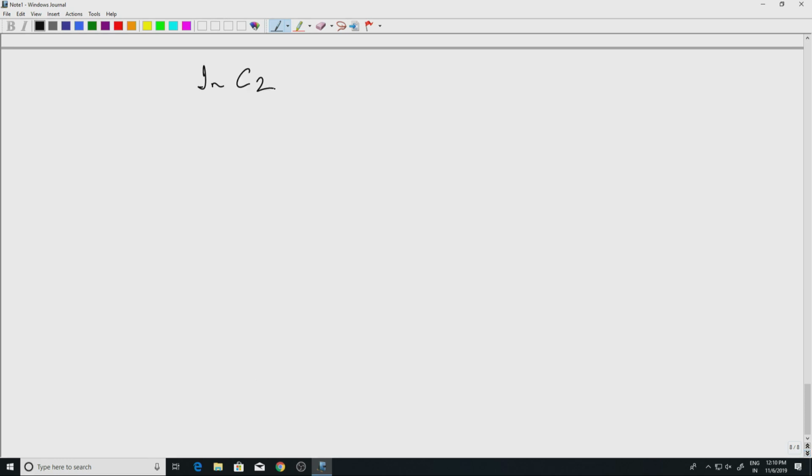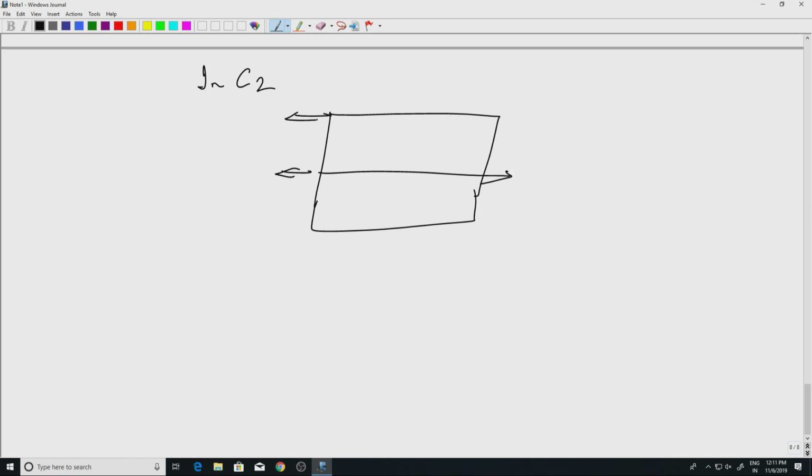Interestingly, in C2 now we can see 1, 2, 3, 4.